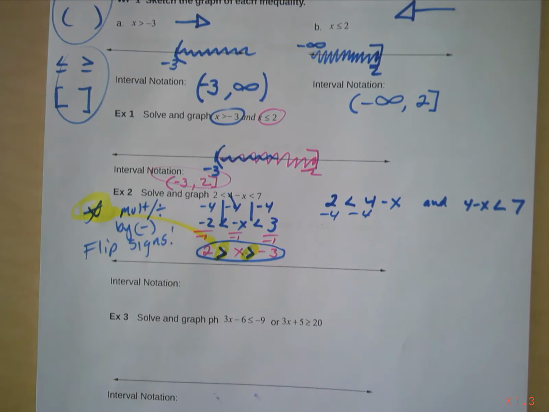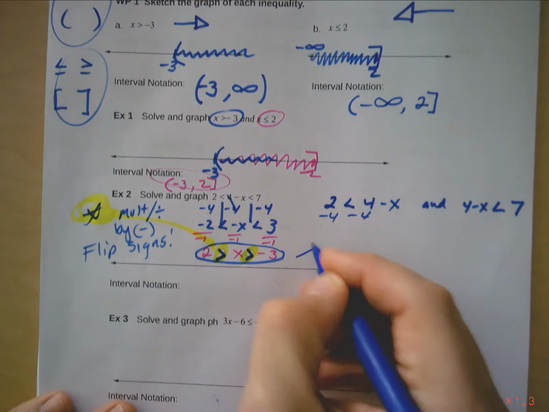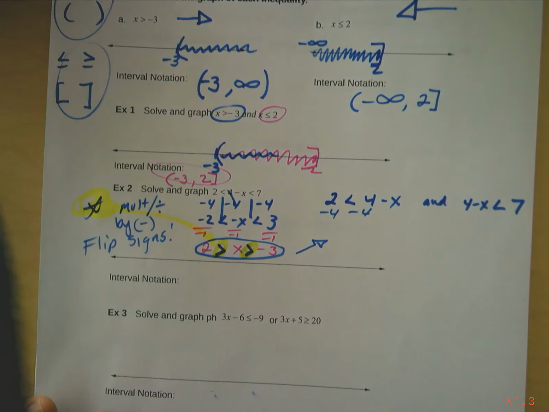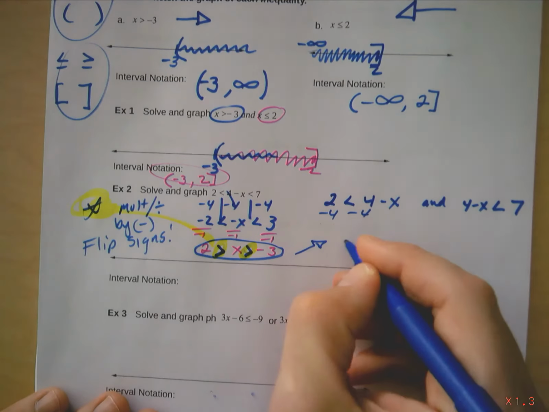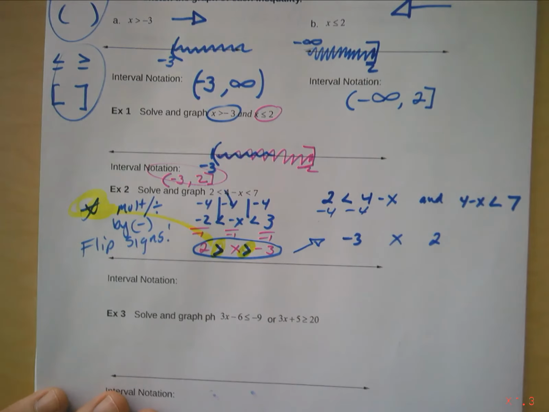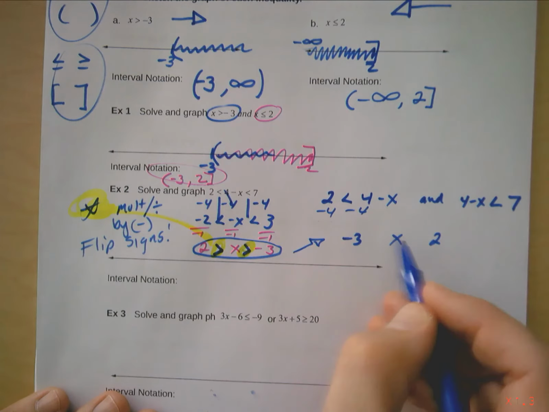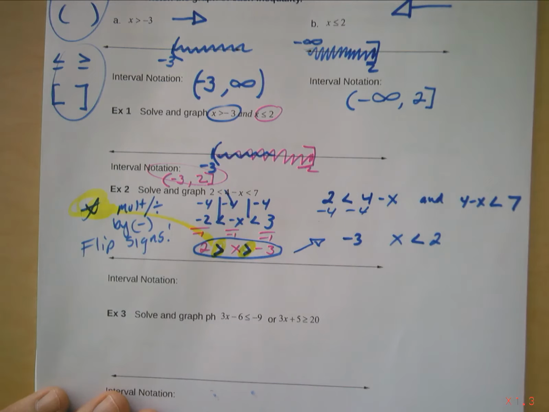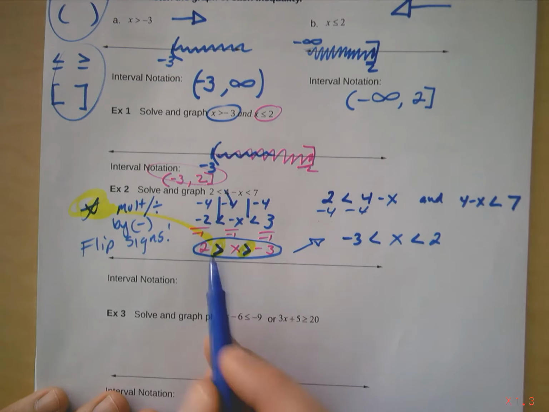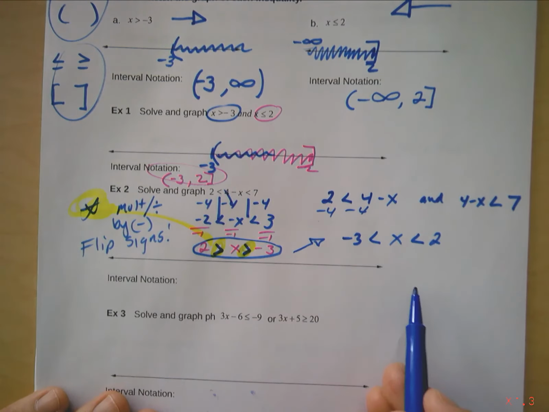What I can do is flip this whole thing around and rewrite it, putting the negative 3 here, the 2 here, and the x in the middle. Now look at your alligator. The alligator is eating the 2, so it should still be eating the 2 when I flip it all around, and the alligator is eating the x. So these greater than signs are now less than signs again.